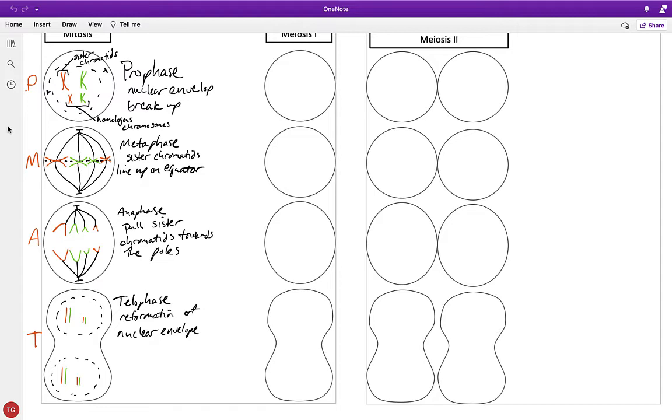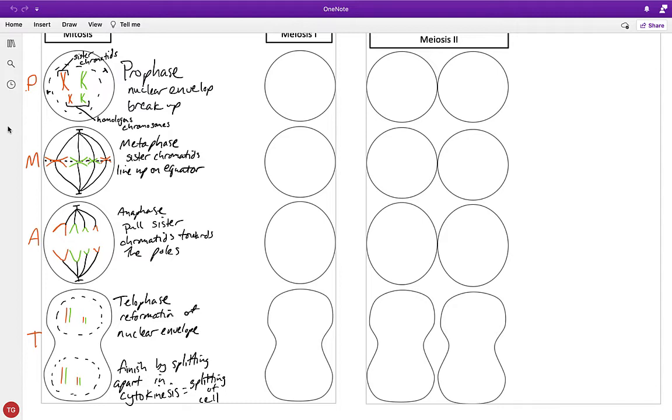So we finish by splitting apart in what we call, obviously, the finishing of this, or the splitting of the cell, cytokinesis, which really does just mean splitting of the cell.